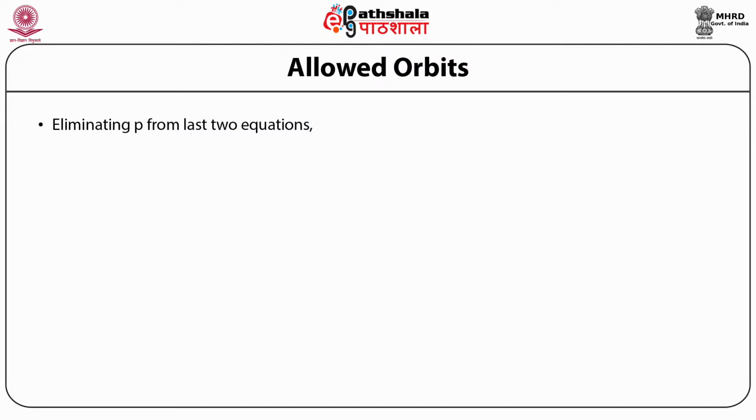Getting p, the momentum, by the last two equations, I mean those in the previous slides, if we eliminate the momentum, then we get an equation for the radius of the electronic orbit in the atom. The radius is equal to n squared h cross squared divided by kZme squared, which can be written as n squared times a, where a is the radius of the first orbit, which is h cross squared by kme squared.